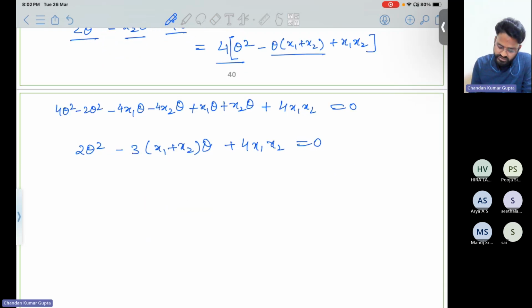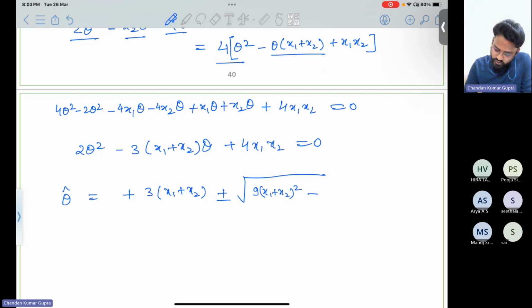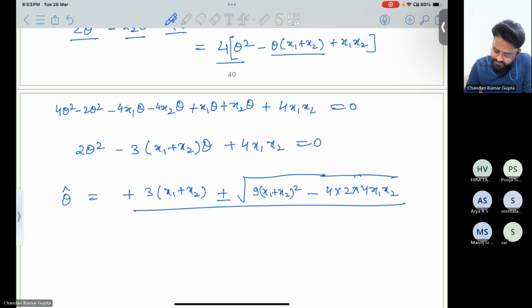It is a quadratic equation in theta. So the value of theta is minus b plus minus root of b square, which is 9 times x1 plus x2 whole square, minus 4 a c, that is 4 into 2 into 4 x1 x2, that is 32 x1 x2, upon 2a, that is 2 into 2.